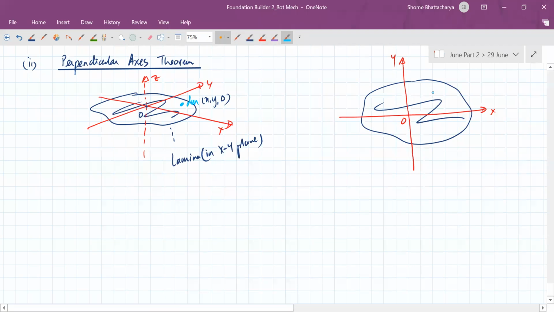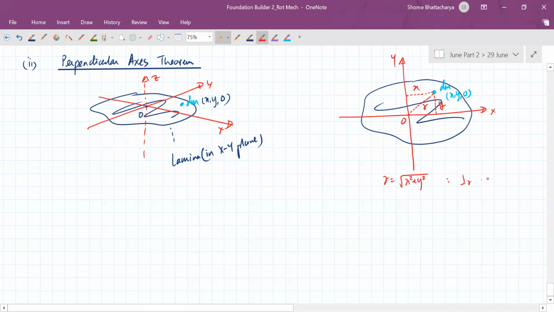So for this particle lying over here, the perpendicular distance from the x-axis is nothing but its y coordinate. The perpendicular distance from the y-axis is nothing but its x coordinate. And the perpendicular distance from the z-axis is nothing but square root of x square plus y square.